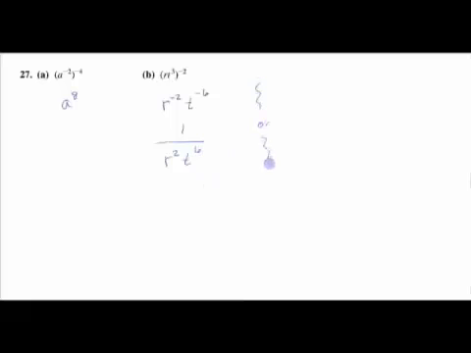Similarly, we could use our reciprocal rule, where when I have a negative exponent outside my parentheses, I simply take the reciprocal and then the exponent becomes positive, which gives me 1 squared, r squared, and t cubed squared, which is t to the 6th.